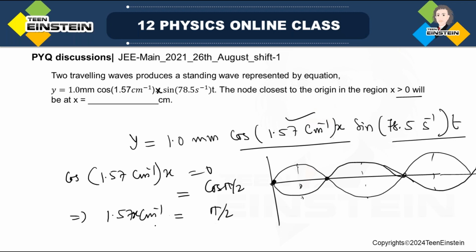So from here x will be 20 by 7 into 1 over 2 into 1.57, and if you do the calculation, you will get in centimeter, and how much you get? You should get 1 centimeter. So this x is then 1 centimeter.